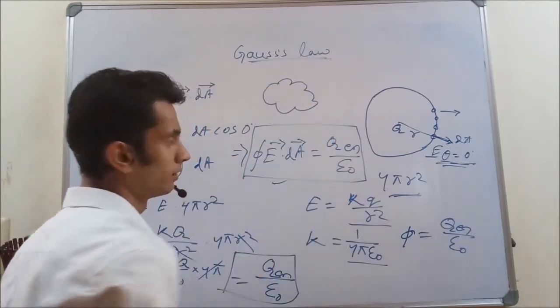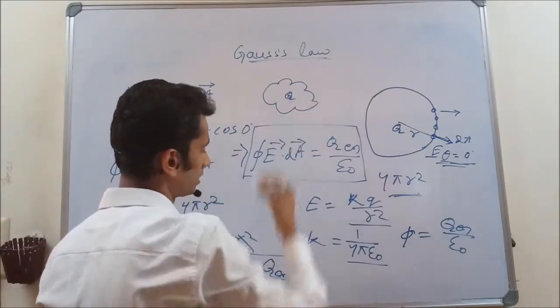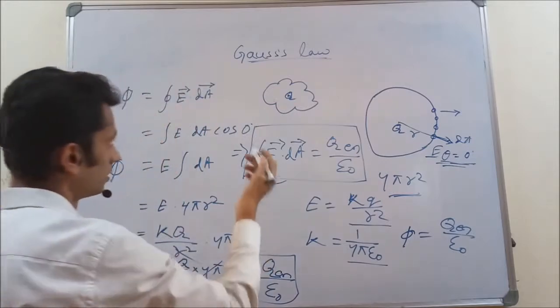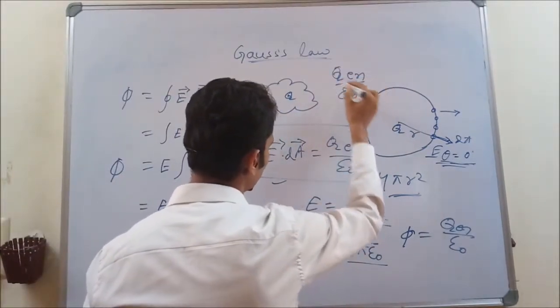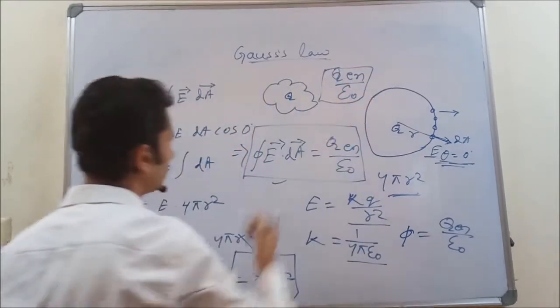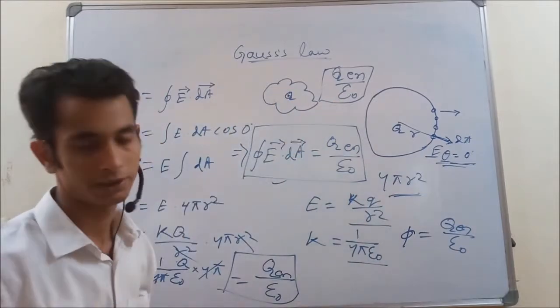If we take this type of 3D closed surface and take an amount of charge q, then the flux will be q enclosed by epsilon 0. If we go this way also, we will get q enclosed by epsilon 0.